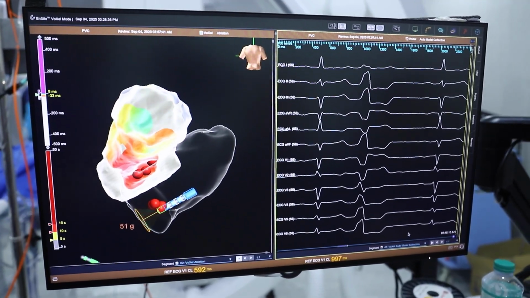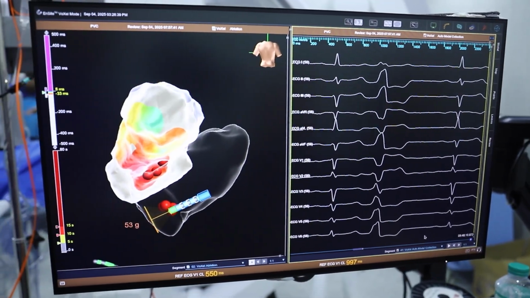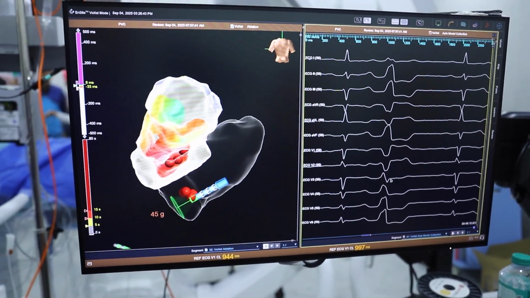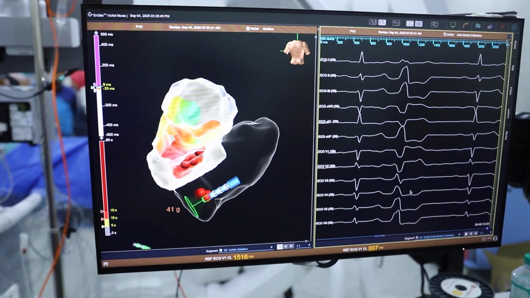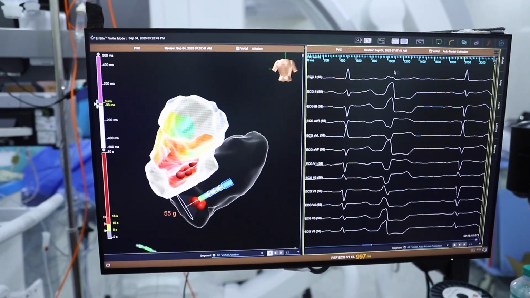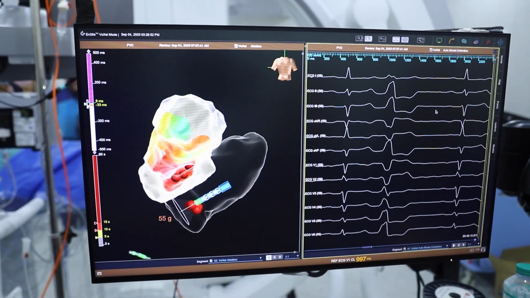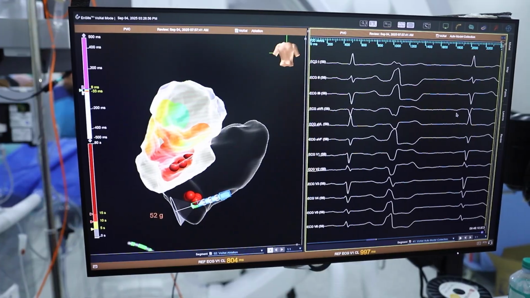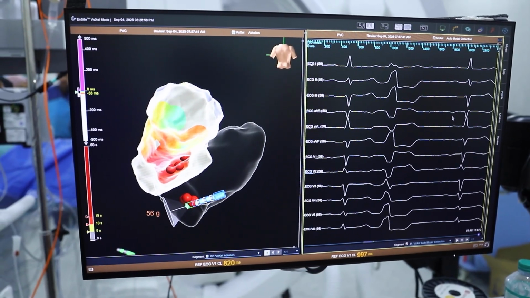There is also an abrupt transition, QS in V1, QS in V2, and a big R in V3. Also look at limb lead 1. This means it is posteriorly located, if you are in the RVOT, a posteriorly located PVC. So we suspect that it's either a posterior RVOT septum or from the right coronary cusp.